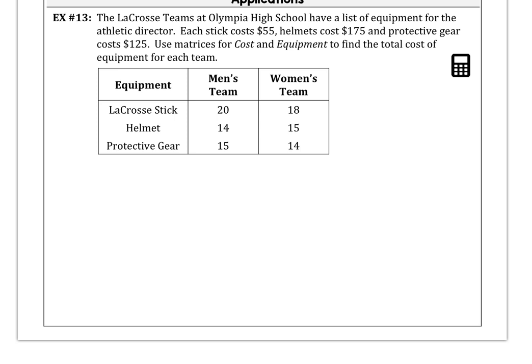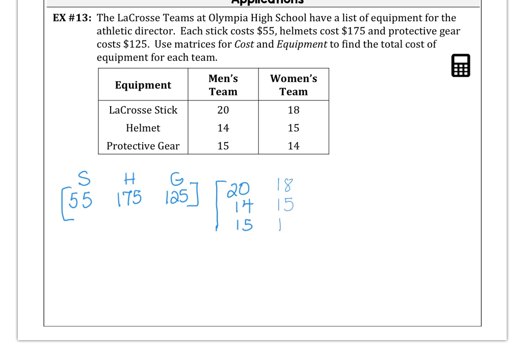S, H, and G. So the stick, the helmet, and the protective gear cost $55, $175, and $125. That's my first matrix. And then the equipment for men is 20, 14, 15, and for women it's 18, 15, 14.